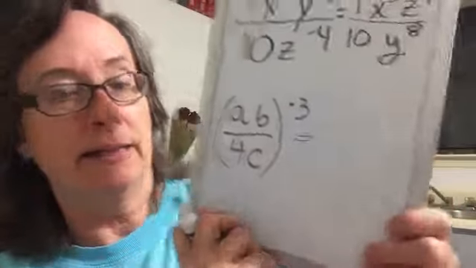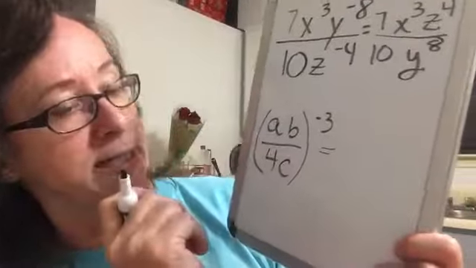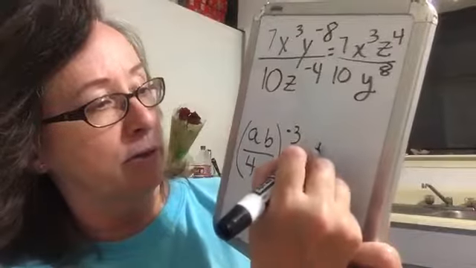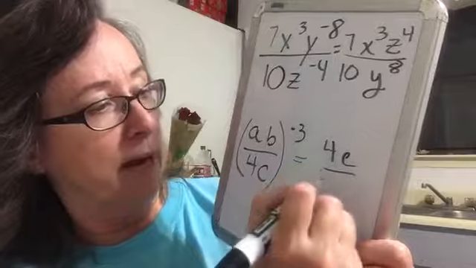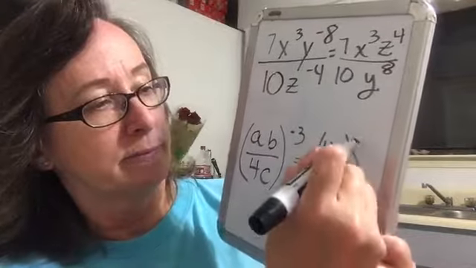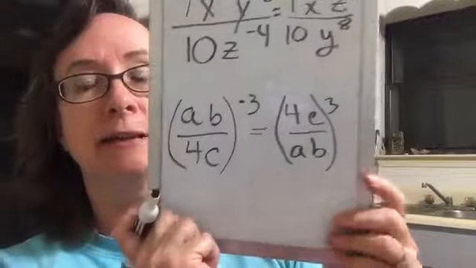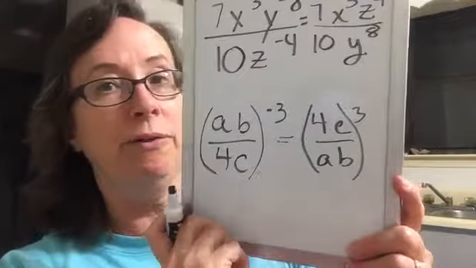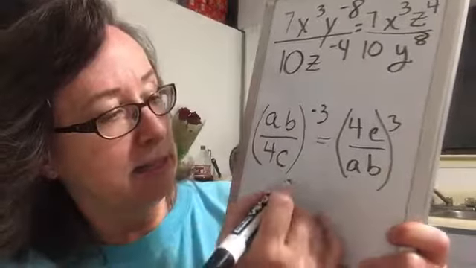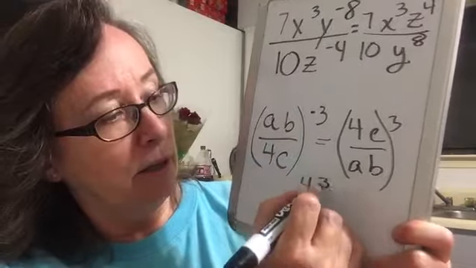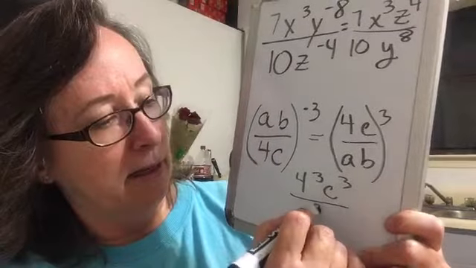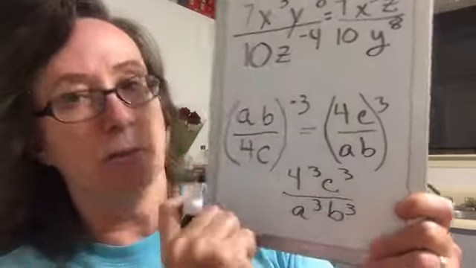And this one has a quotient raised to a negative, so we're going to completely rewrite the whole fraction and raise to the positive. So I flipped the whole thing over, raised it to the positive power, and so now I have 4 cubed c cubed over a cubed b cubed.